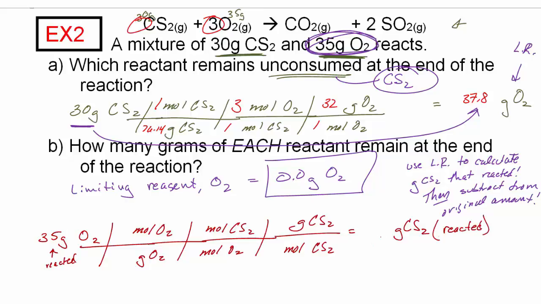Okay? And we'll subtract that from our original amount. So in 1 mole of oxygen, I've got 32 grams. Carbon disulfide, I've got 1 mole of it for every 3 moles of oxygen. And the molar mass of carbon disulfide is 76.14.